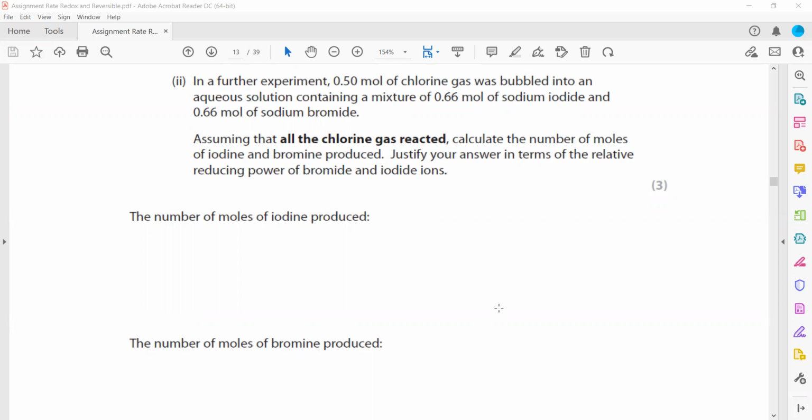So how to work out the number of moles of iodine produced?